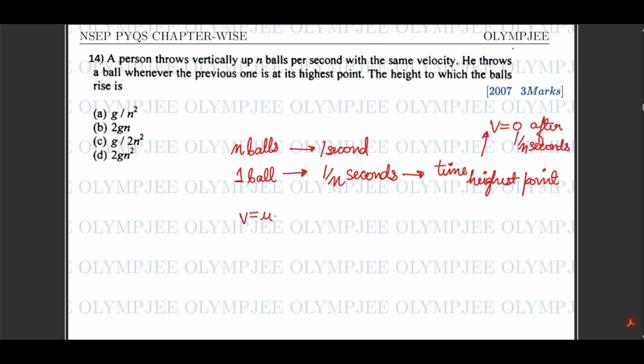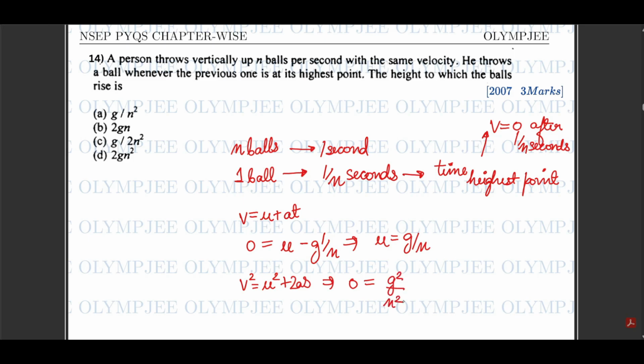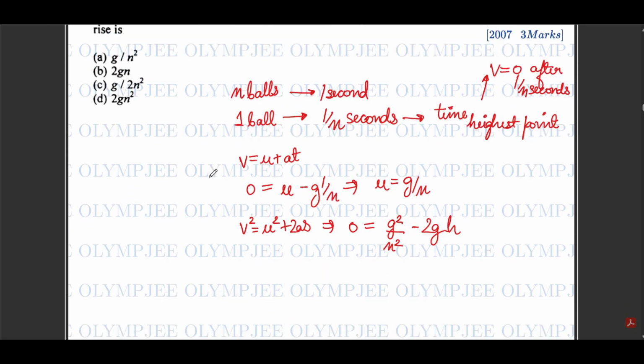We will use v is equal to u plus at to find u. u is equal to g by n, and height can be given by v square is equal to u square plus 2as. So 0 is equal to g square by n square minus 2gh, so this will give the height as g by 2n. So the answer will become C option.